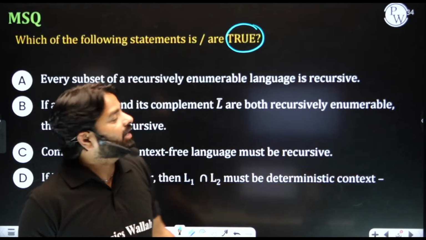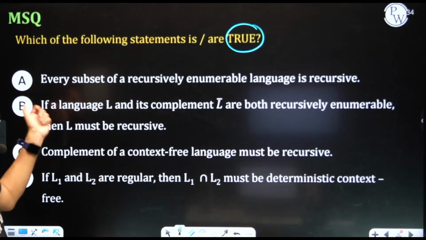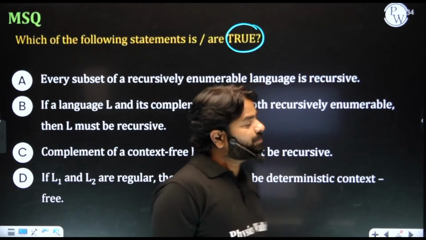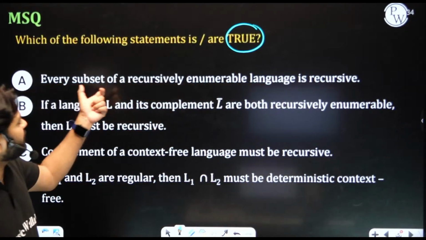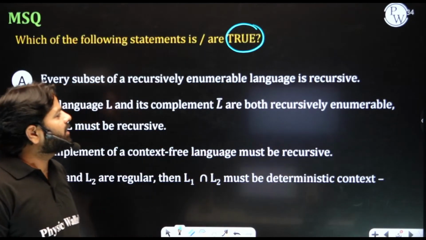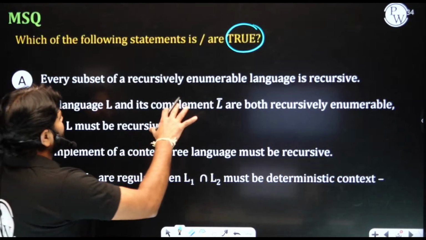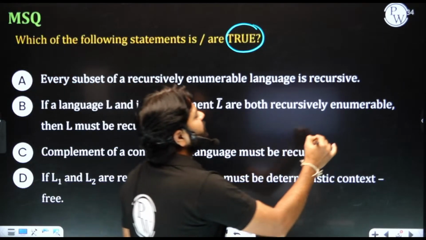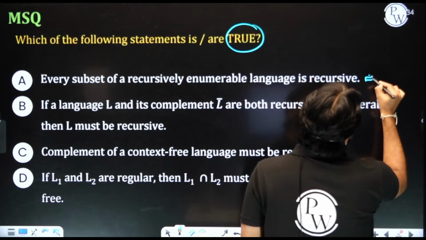That could be fine. If I keep this "some" in place of "every", this statement will be correct. Even I can say some subset of recursively enumerable is regular. You can say that too. Over any sigma that you take, then the statement could be easy to understand. Right now it is false.